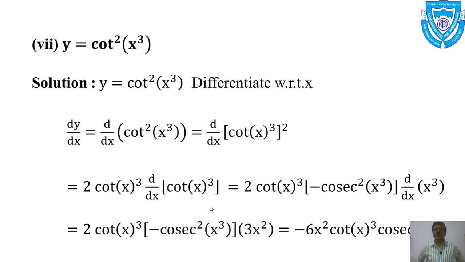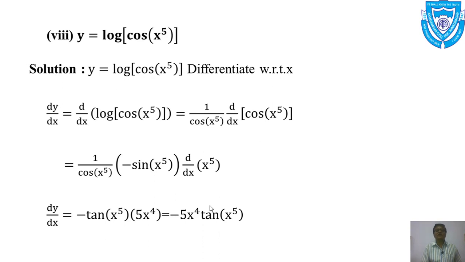So 2 cot x cube into derivative of cot x cube. Derivative of cot x cube is minus cosec square x cube into derivative of x cube. Derivative of x cube is 3x square. So we take all these three terms together and get final answer as minus 6x square into cot x cube into cosec square x cube.